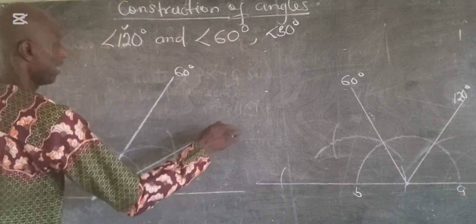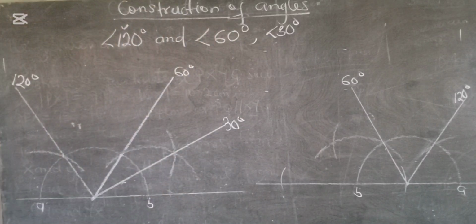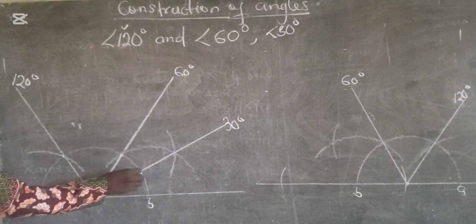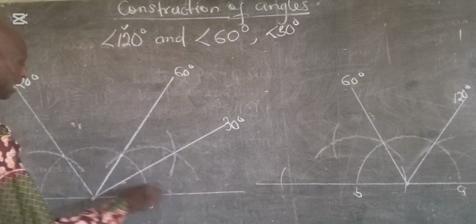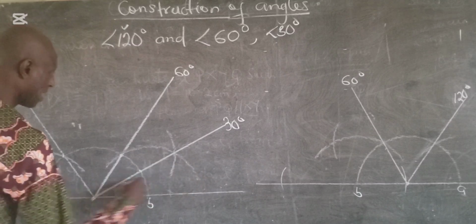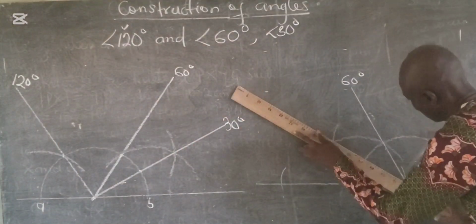This angle is 30 degrees, that is from here to here. You can actually construct 15. When you put your compass here, you adjust on that, you put it here, you will cut here. From here against another 15 degree. That's how you will do it on this other side.